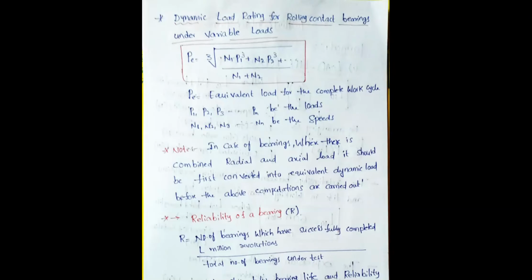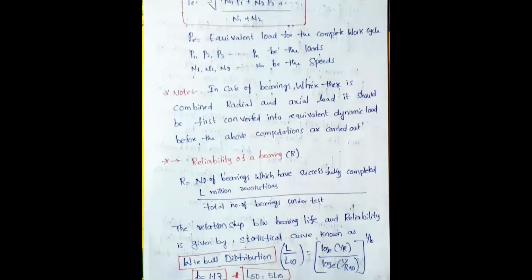Next, another important relation is reliability. Already I told you that generally you can consider 90% reliability of the bearing. What happens if it is other than 90%?